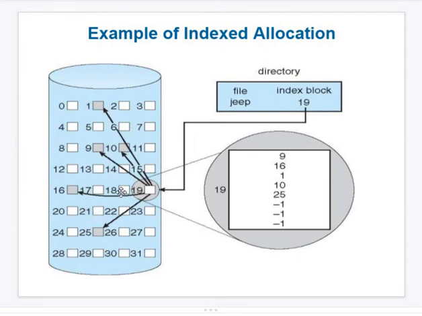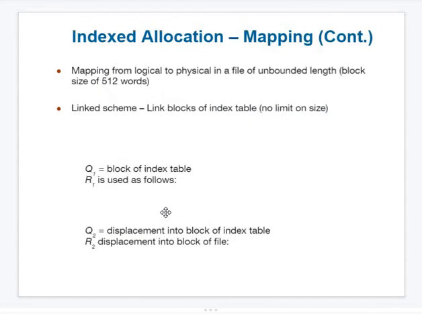There are 4 types of implementing indexed allocation. Linked scheme, multi-level index, and combined scheme are some of the methods. In the linked scheme, an index block is normally one disk block.